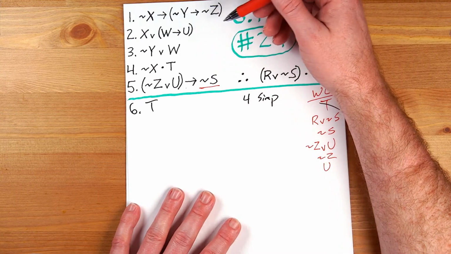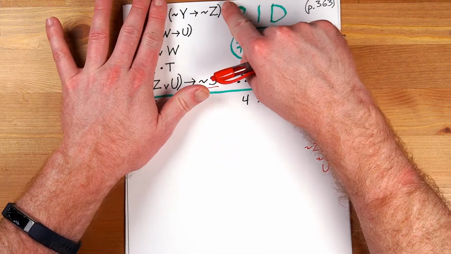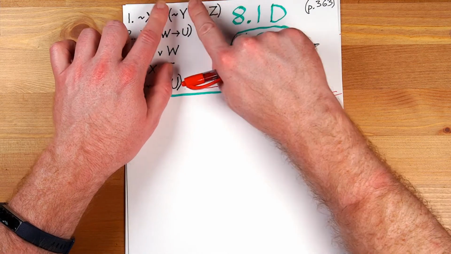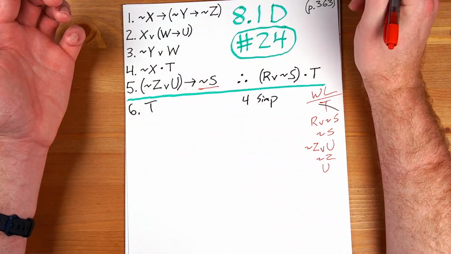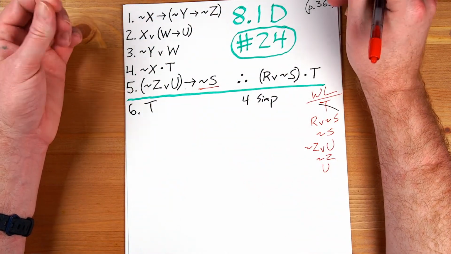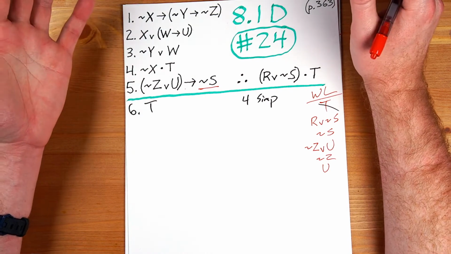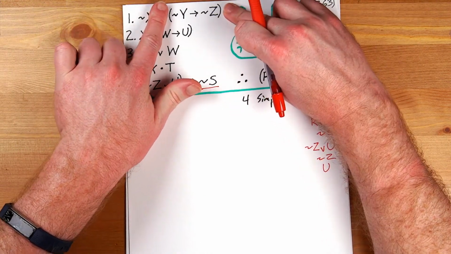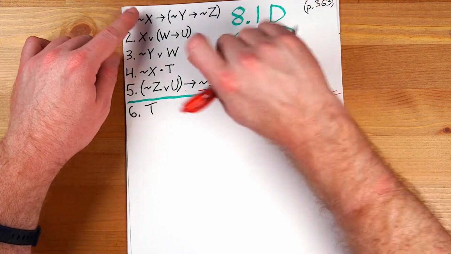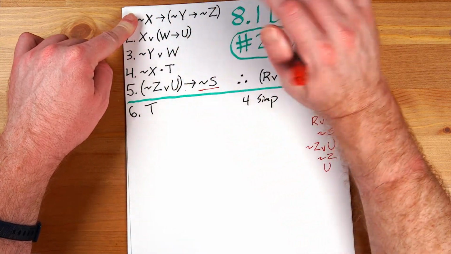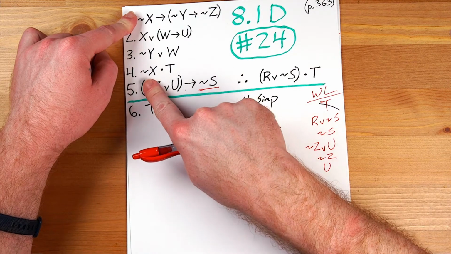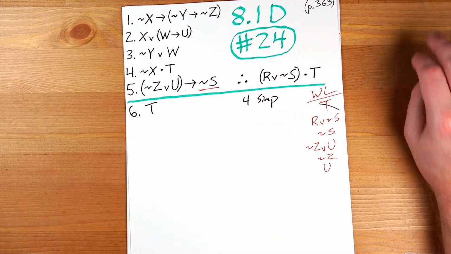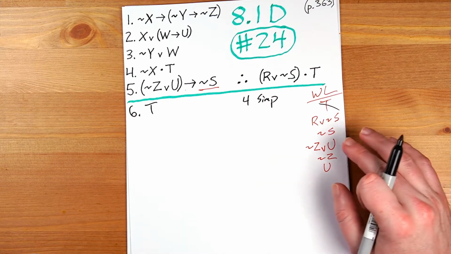Well, if we just had this part of line 1 and we had not y, that would work. Is there a way we could do that? Well, to get this whole thing, maybe modus ponens, but then we'd also have to have not x. Oh, look, we do have not x right there. So maybe that would be nice. So let's go ahead and take that step.